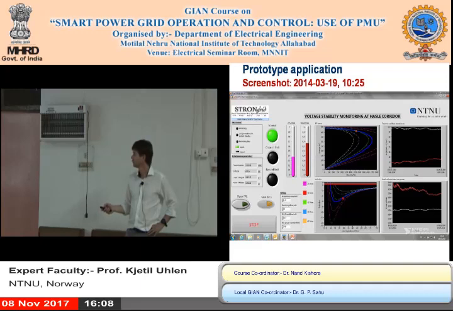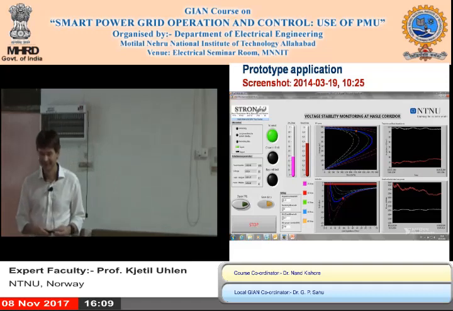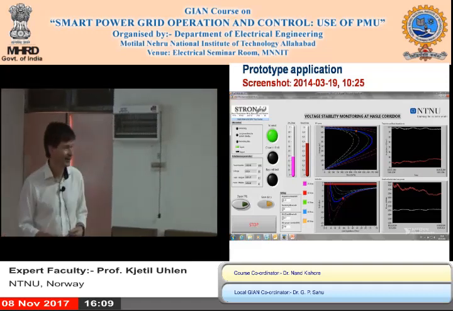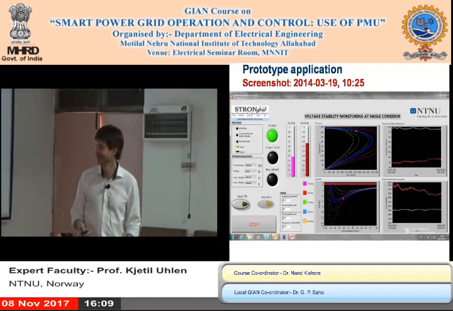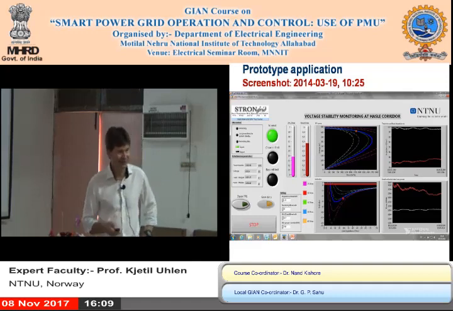In this case, the network is weakened a little bit, so you move to another curve here, and your margin is reduced. But so far, luckily or regrettably, we haven't had a voltage collapse, so we couldn't test it fully. But I hope that there will be a small collapse someday so we can really test it.